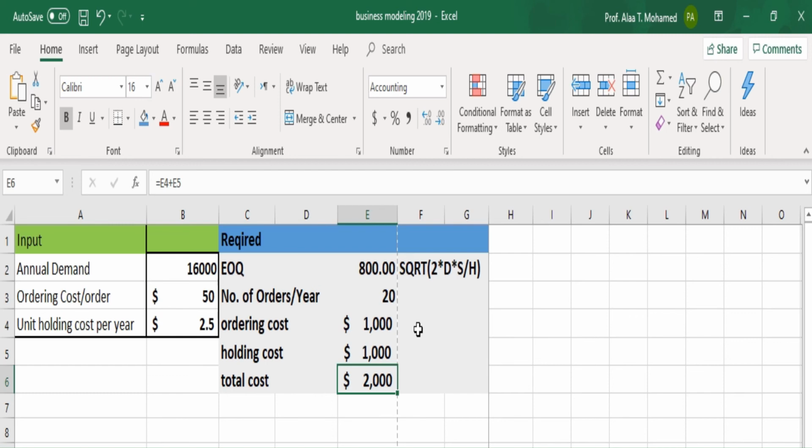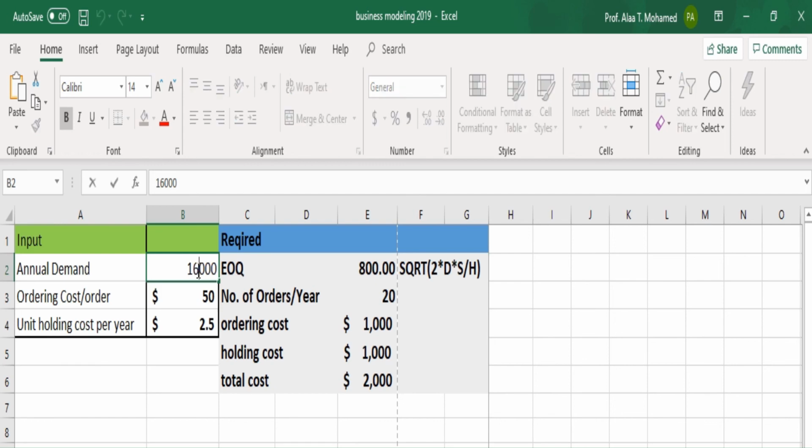So for example, if you want to change the annual demand, instead of 16,000, it will be, for example, 36,000. So enter. Everything changed.